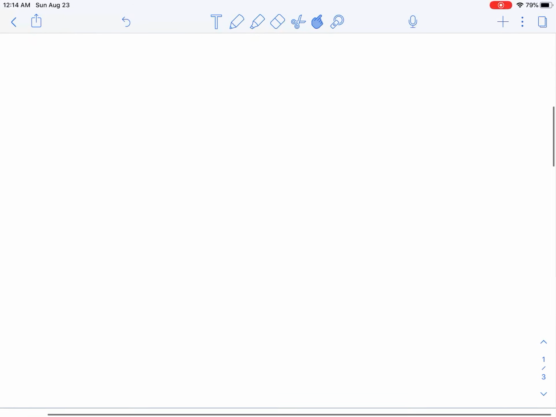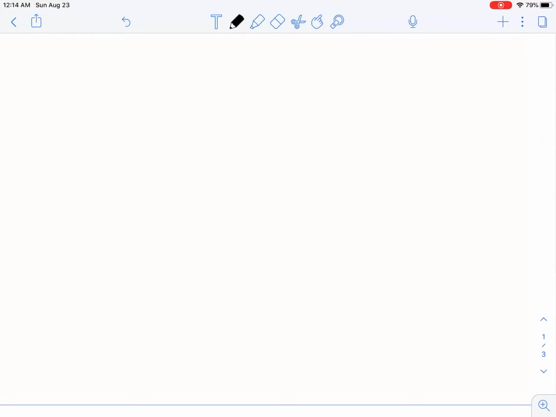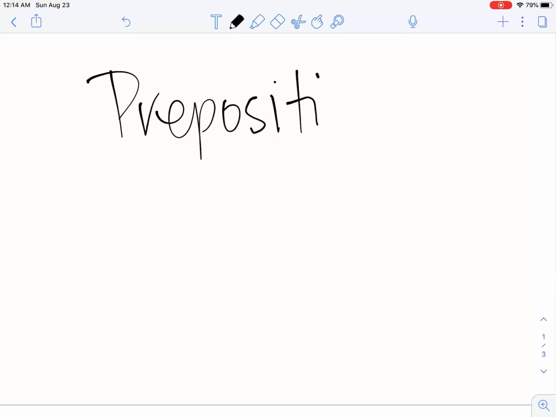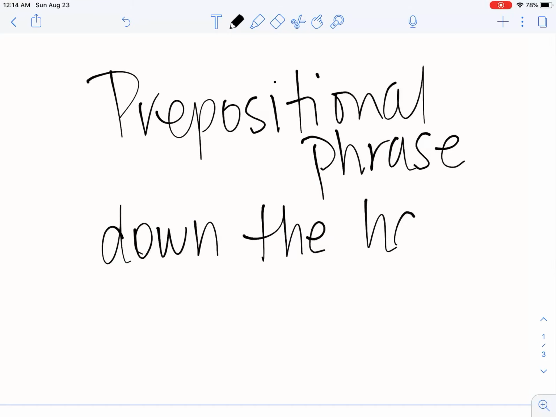Now, the preposition is the word that starts what is called the prepositional phrase. So a prepositional phrase consists of the preposition and what's called the object of the preposition.